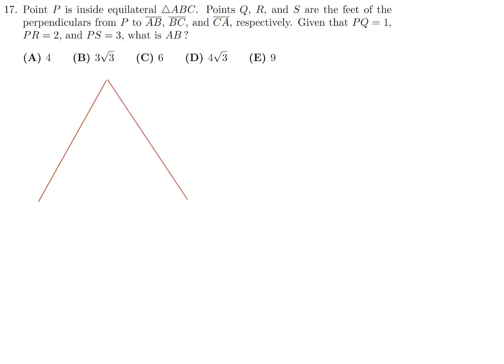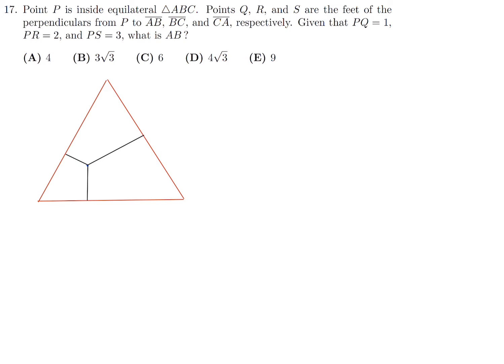So here we go. And we are going to choose some P somewhere in here. So I don't know where the P is, but I'll just call it here. And we have to draw perpendiculars to each of the sides. So this perpendicular from this one, and then this perpendicular, and that perpendicular like that.